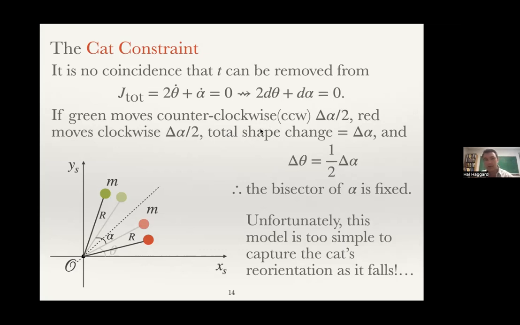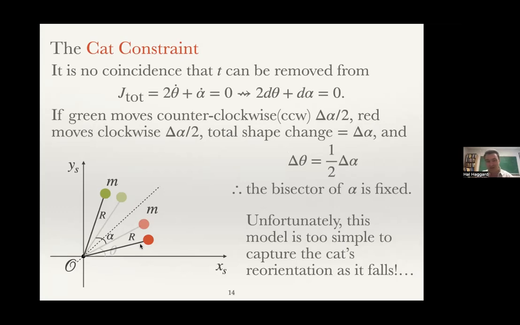And we see that the total change in shape is delta alpha, and correspondingly, the total change in orientation is 1/2 delta alpha. And so this kind of results in something a little bit trivial. Yes, the orientation did change. It changed by exactly the amount that the red mass moved backwards.